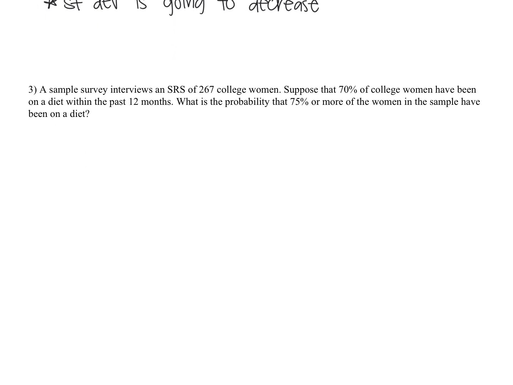In our third example, we have that a sample survey interviews an SRS of 267 college women. Suppose that 70% have been on a diet within the past 12 months. What is the probability that 75% or more of the women in the sample have been on a diet? So we're going to have probability of p hat greater than or equal to 0.75.